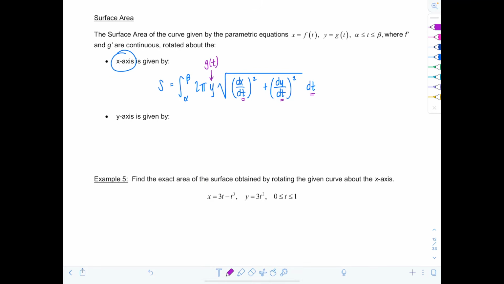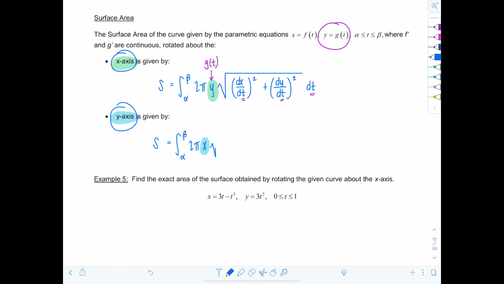G of t. Bam. If you're spinning around the y-axis, what changes? Do you remember? Let me color code. X-axis, this is y. If you're spinning around the y-axis, now you have alpha to beta, 2 pi x. Y-axis, the radius is x.